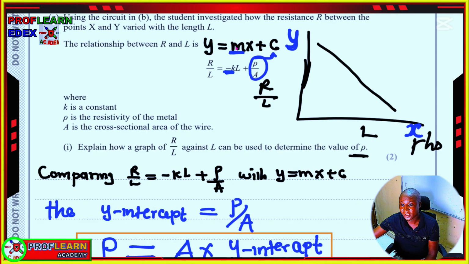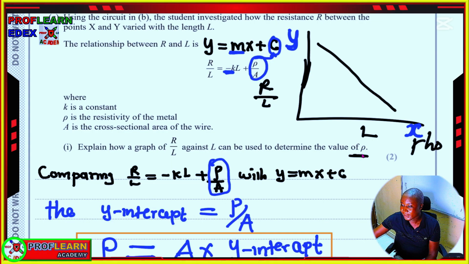And rho over the cross-section area corresponds to the y-intercept. We are just comparing the given equation with the equation of a straight line.